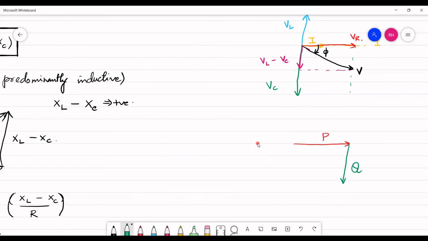So it is drawn in the negative imaginary axis direction, and we have the apparent power, and this makes an angle phi, and we know S is equal to P plus, sorry, here it is P minus JQ. And looking at this, we could say that minus Q, and hence being a capacitive circuit, our circuit supplies reactive power.